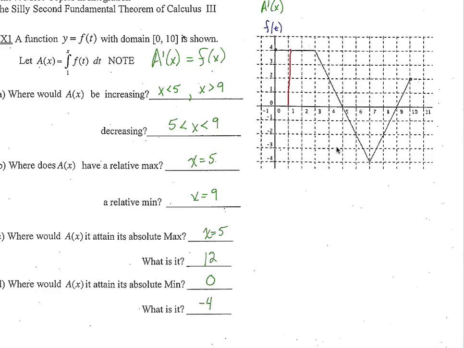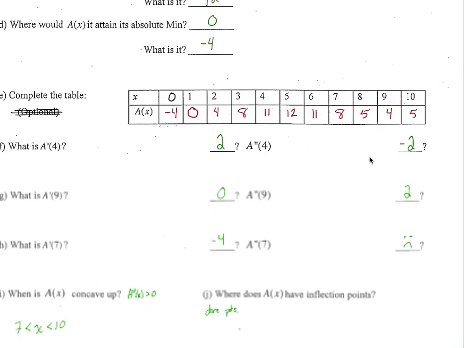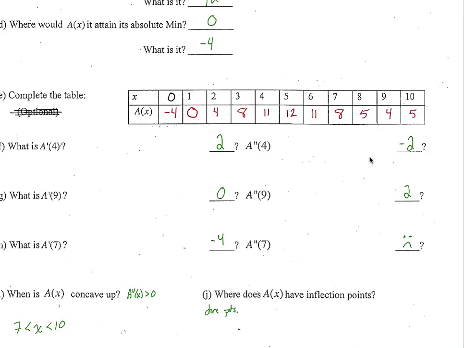The other possible inflection point we have is here at 7, where our second derivative is undefined, and here the slope of the first derivative, the second derivative, is going to be negative, and then here the second derivative is going to be positive, so we're switching concavity right there at 7. So 7 is a possible inflection point, right?